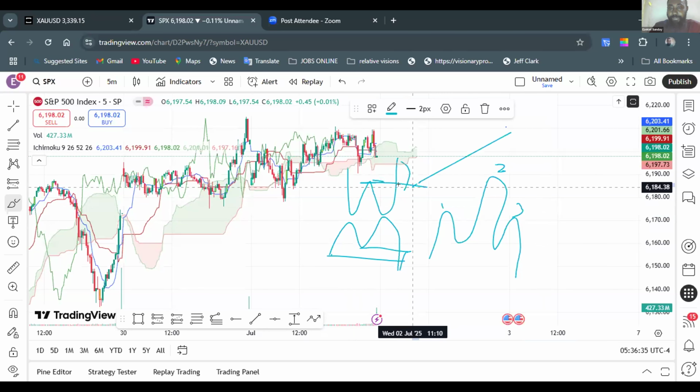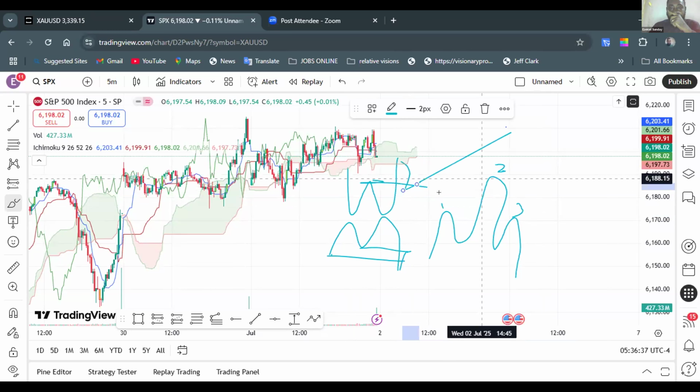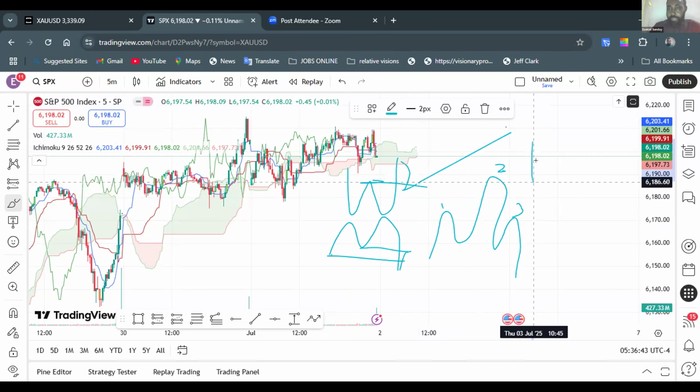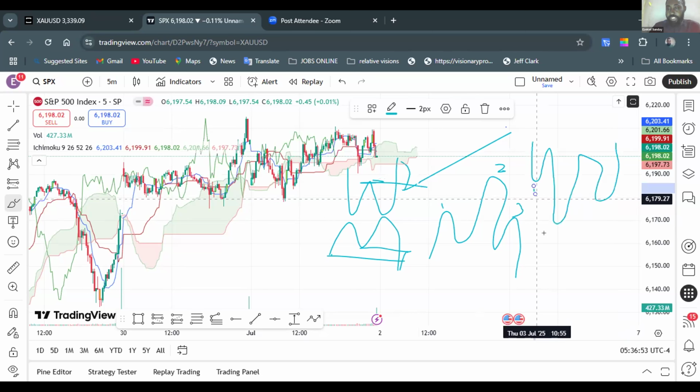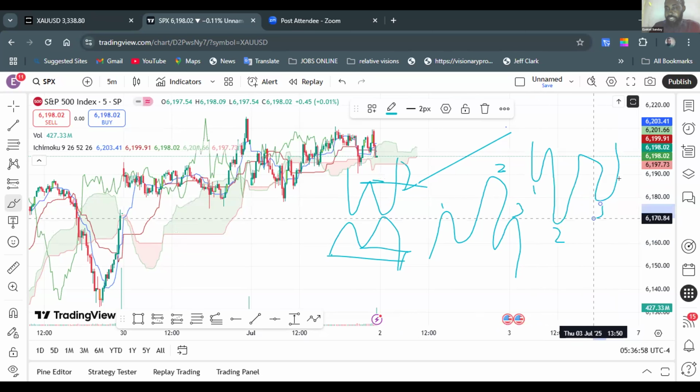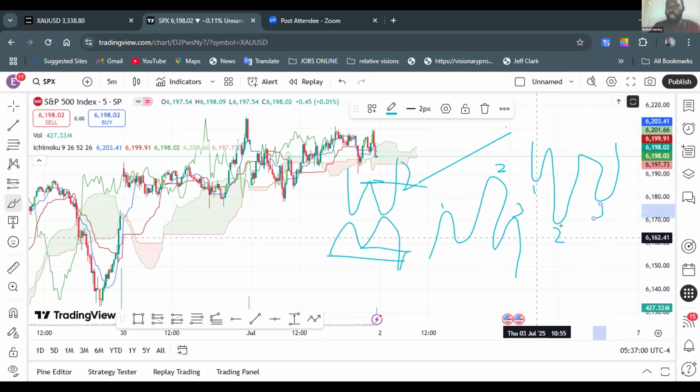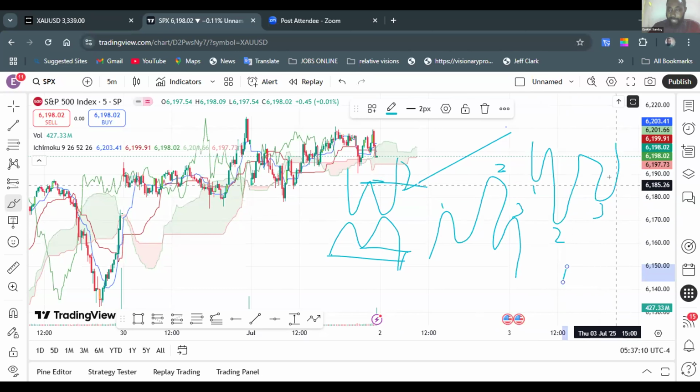And when you see the inverted head and shoulder, the shoulder, the head, and then the shoulder, so long as shoulder 3, the third one, does not go beyond the head 2, then the market is about to buy.